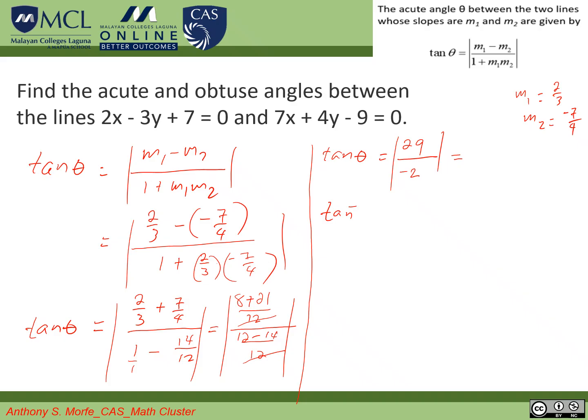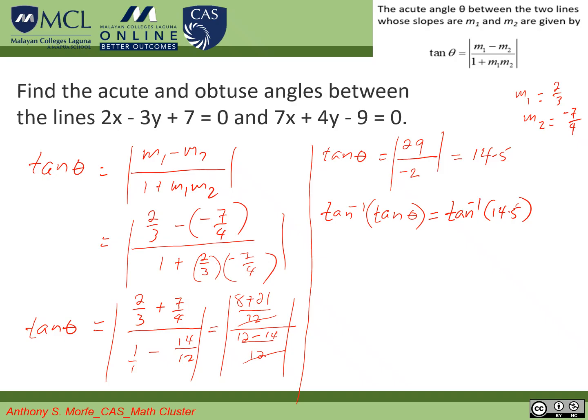So 29 divided by 2 is 14.5. So you have inverse tangent of tangent theta, equal to, whatever we did on the left side, do it also on the right side. So 14.5.